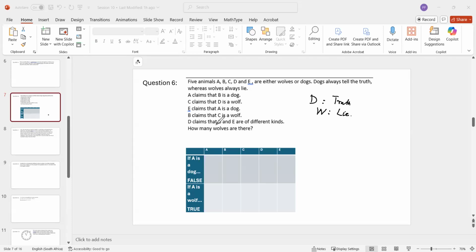Right. Now, these 5 animals each make a statement about another, because one animal says, B is a dog. And C says D is a wolf. But you don't know now what these animals are, whether they are dogs or wolves, A, B, C, D, E. So again, this is a problem where you can apply contradiction.